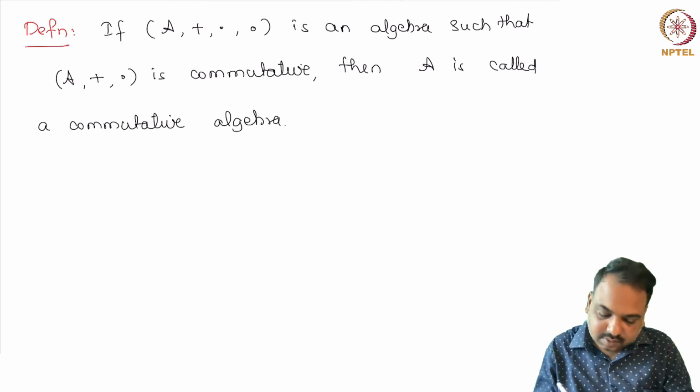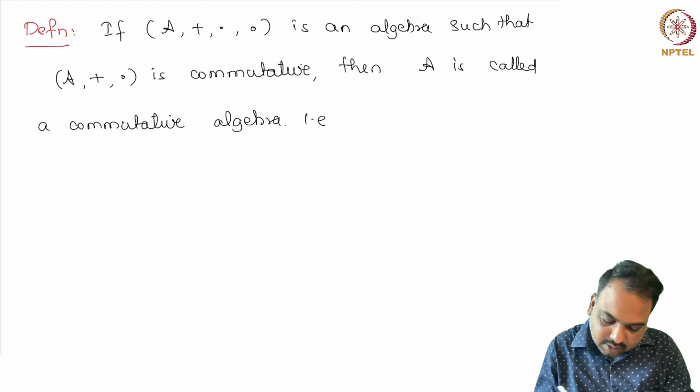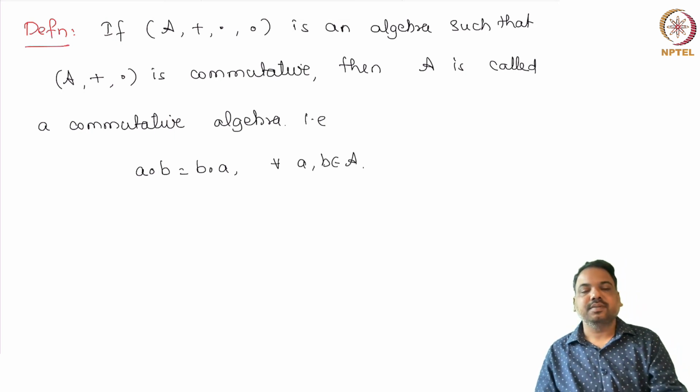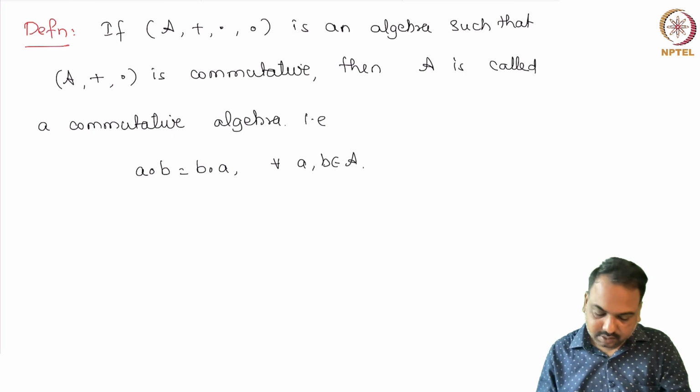In other words, A circle B must be equal to B circle A for every A, B in A. Okay.